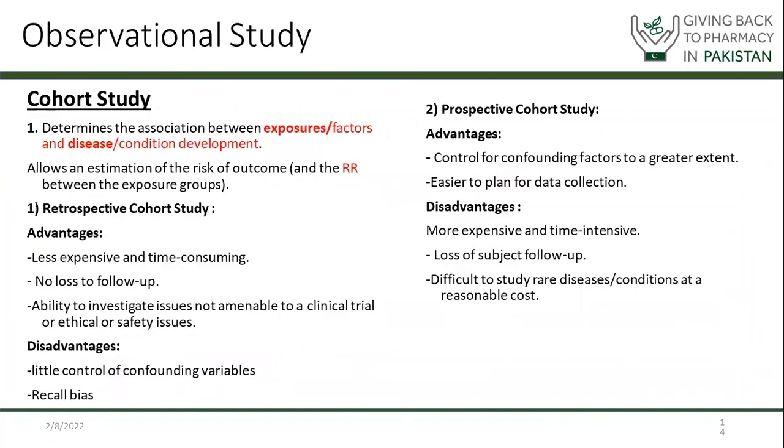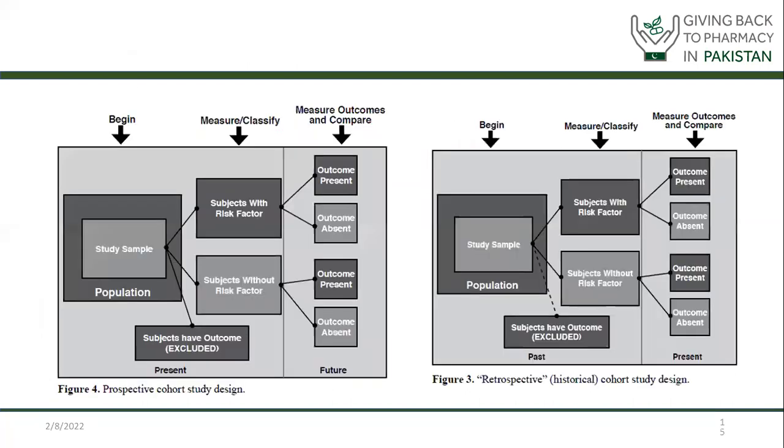The other type of study is the cohort study. Cohort is the opposite of case control. In case control, first we take cases and controls and we go behind. The cohort is something different. We will take a population and take a sample. We'll see how many people have the risk factor and how many don't. So it means how many people are smokers and how many are non-smokers.